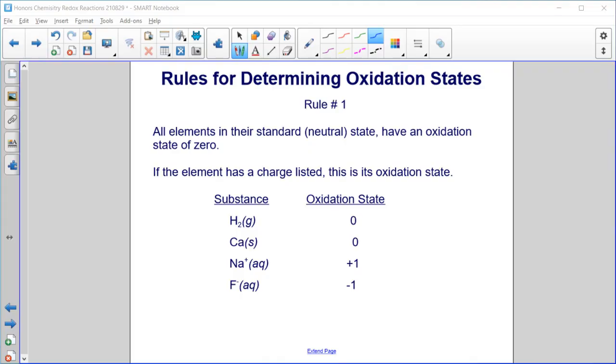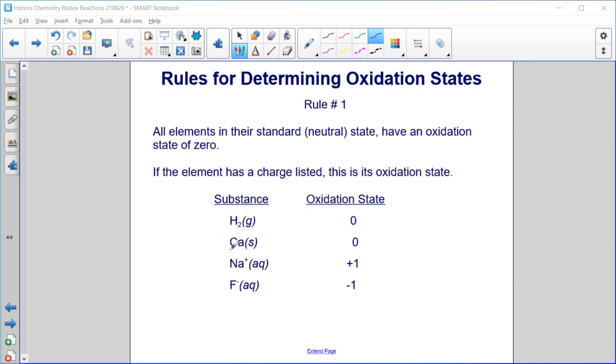All right, here's rule number 1 for determining oxidation states. All elements in their standard or neutral state have an oxidation state of 0. If the element has a charge listed, this is its oxidation state. So, hydrogen gas, H2 gas, is this element in its standard state, so it has an oxidation state of 0.